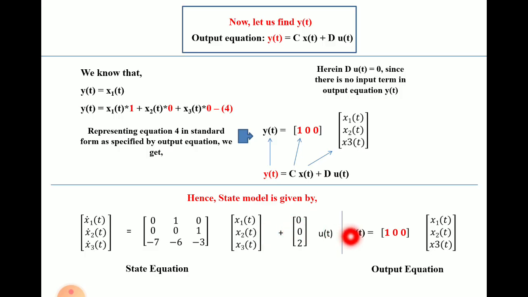Similarly, the output equation is represented as y of t is equal to C into x of t. There is no D into u of t because in the output equation there is no input term, hence D into u of t is 0. So this is how we can develop a state model for a given differential equation.